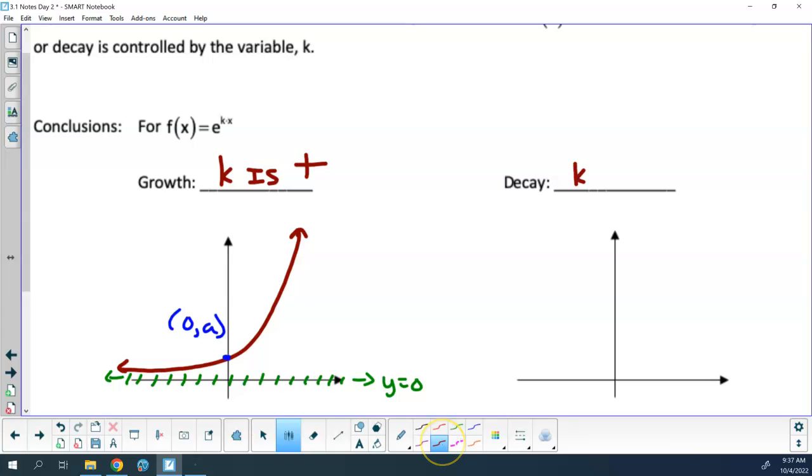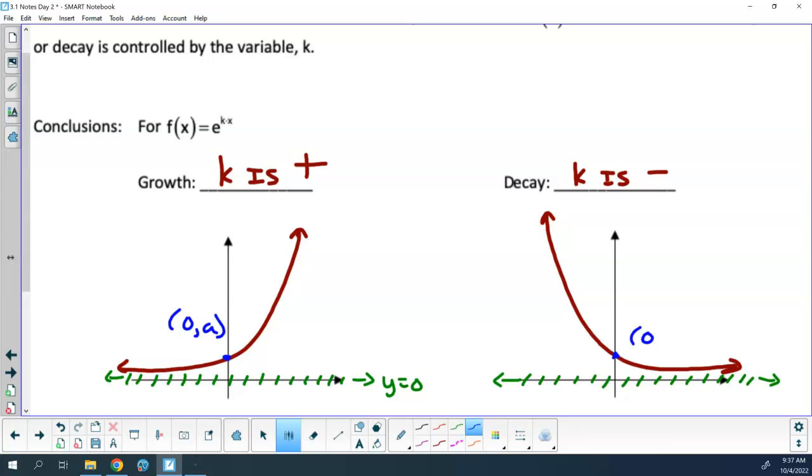If k is negative, then we have our decay, still going through the point 0, comma a.